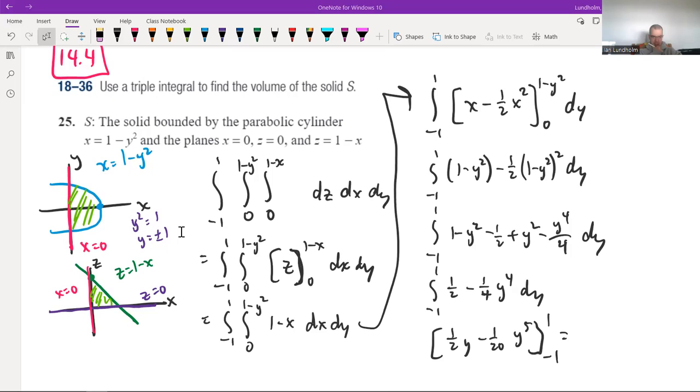When we do this, it'll be 1/2 minus 1/20th minus negative 1/2 minus negative 1/20th. Goodness, sorry, running out of room. Scroll down just a little bit.